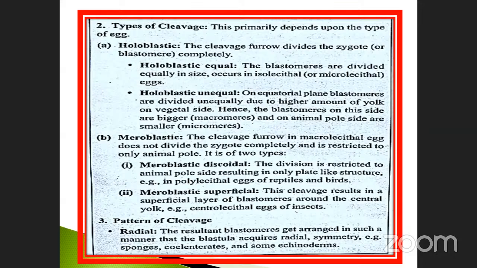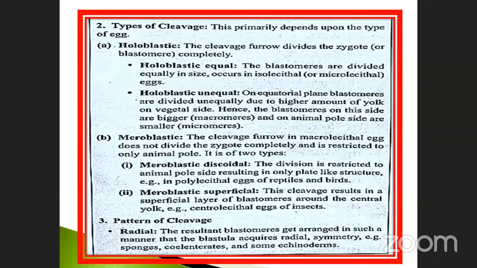Next, the pattern of cleavage. Our body is also divided bilaterally, radially, symmetrically and longitudinally. Likewise, during cleavage, they observed whether the cells cleave radially or otherwise. In radial cleavage, the resultant blastomeres get arranged in such a manner that the blastula is radially symmetrical. Examples: sponges, cnidarians and some echinoderms.